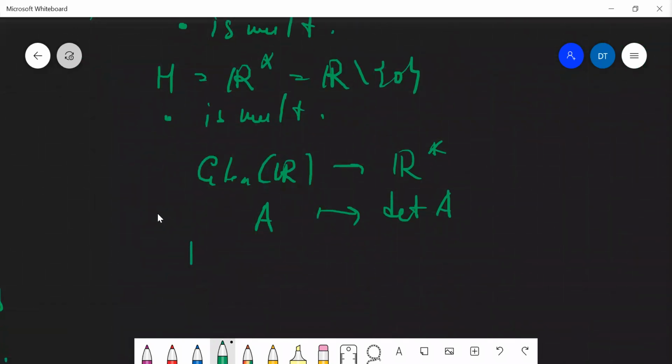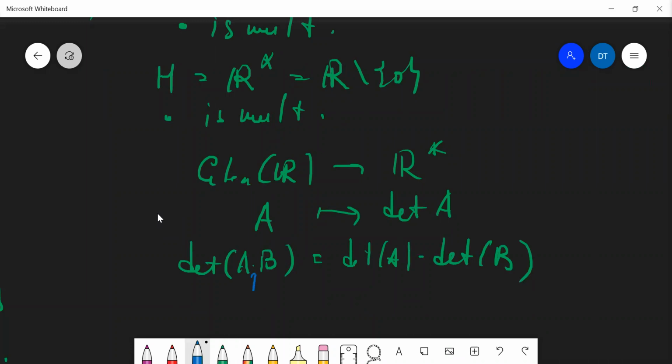Well, because if you take a determinant of A times B, where A and B are square matrices, then its determinant is the product of determinants. So this is exactly the rule for the homomorphism. And here you have multiplication of matrices in GLn, and here we have a product of numbers, so in R star.